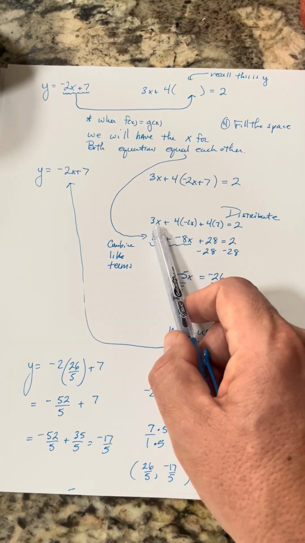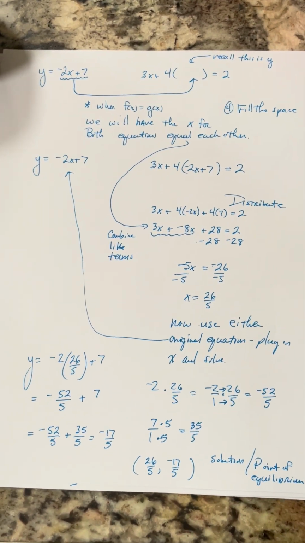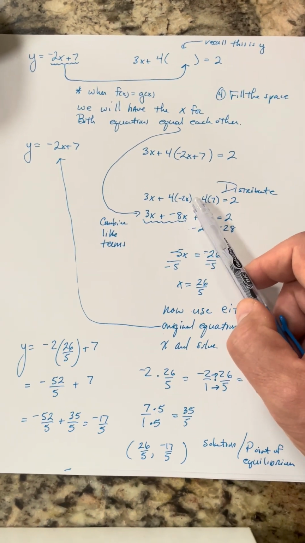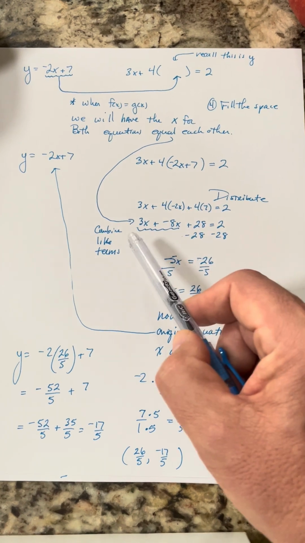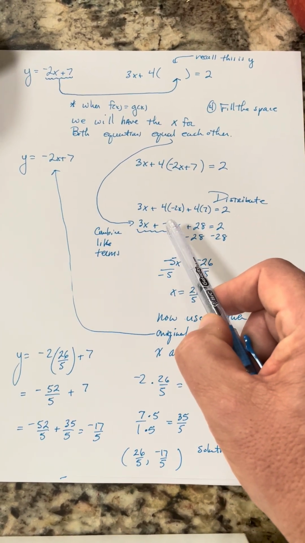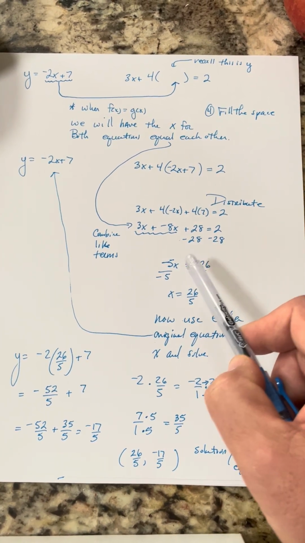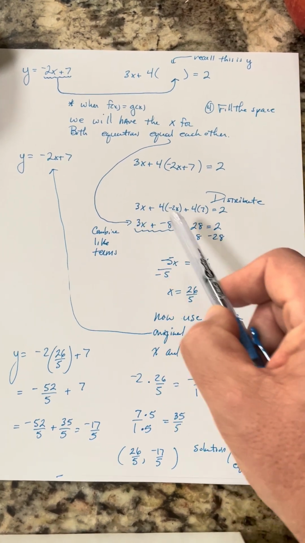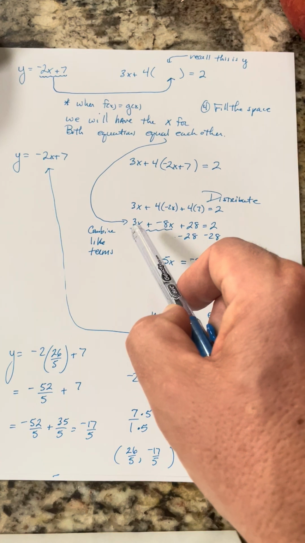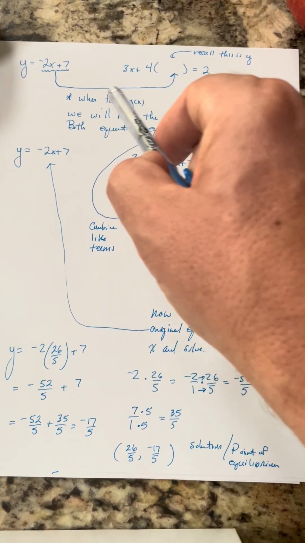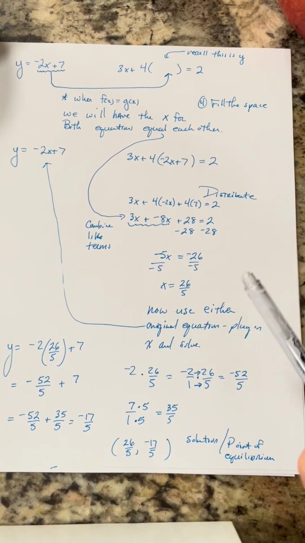So we're going to end up with 3x plus 4 times negative 2x plus 4 times 7 is equal to 2. Now, this becomes negative 8x. This becomes 28. We can combine like terms, and the reason we know those x's are the same thing is that when the y's are the same, the x's are the same.